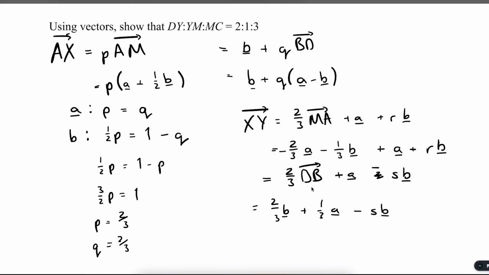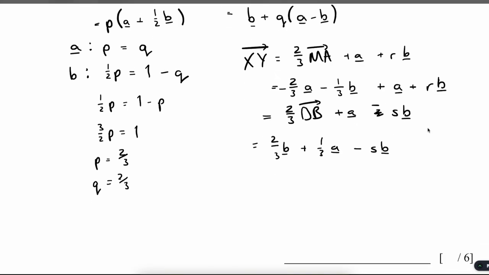Okay, and that is equal to that up there, so let's compare the a terms we've got. So that's going to be 1/3 a equals 1/3 a again. Oh, that's not helpful.